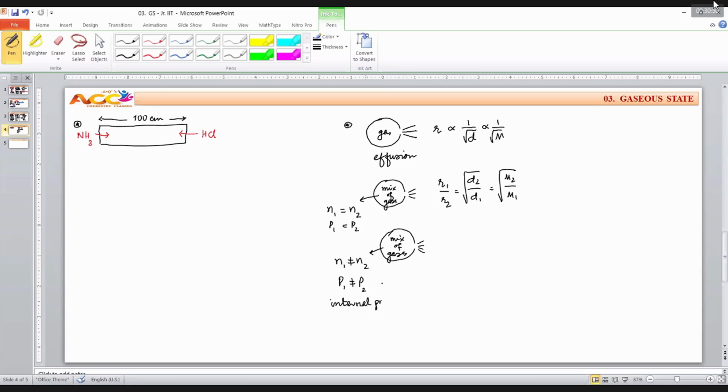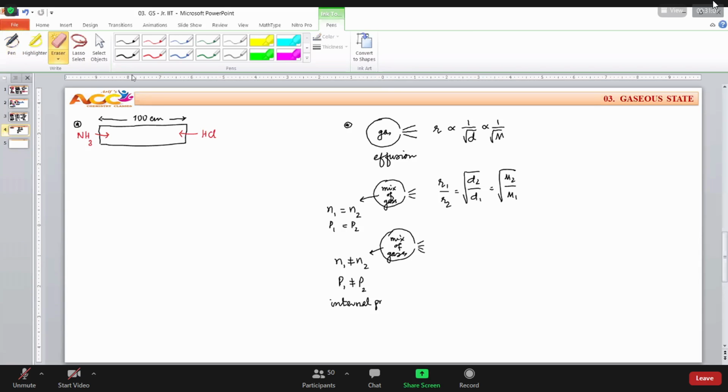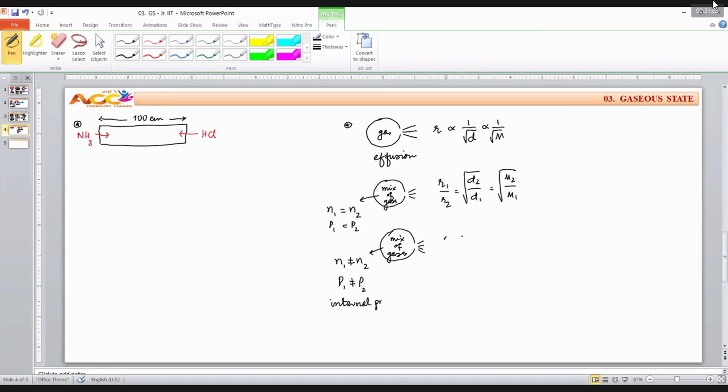Now, sir, R1 by R2 is equal to, let me enjoy the first one and then we'll go for the second. Rate of diffusion is inversely proportional to square root of density. Very good. No, sir. Apart from this, it also depends upon internal pressure.